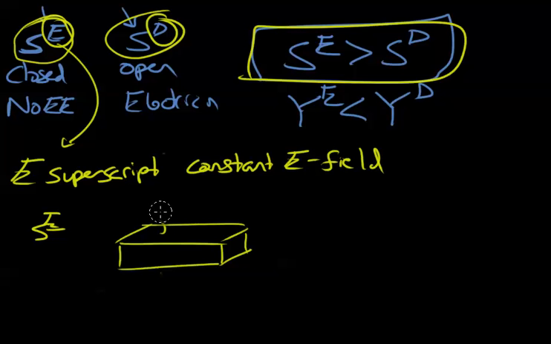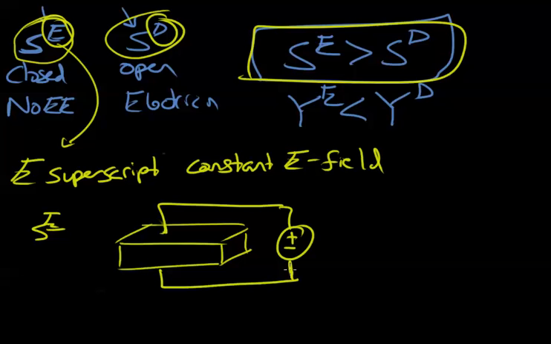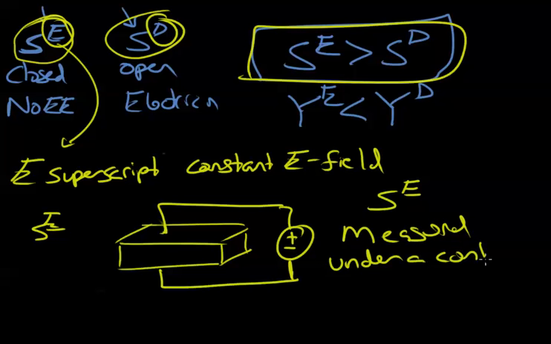But also, when these electrodes are attached to a voltage source, they're also connected. There's a sustained potential across this material. There's a sustained electric field. We are controlling the electric field. So basically, SE is the elastic compliance measured under a controlled electric field.